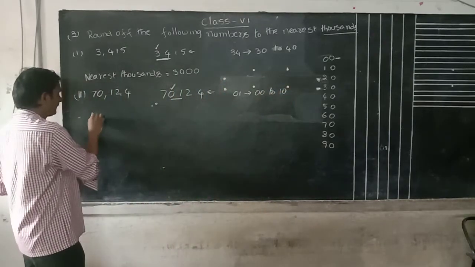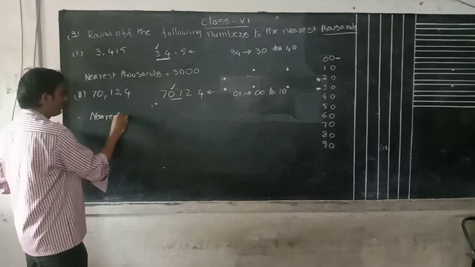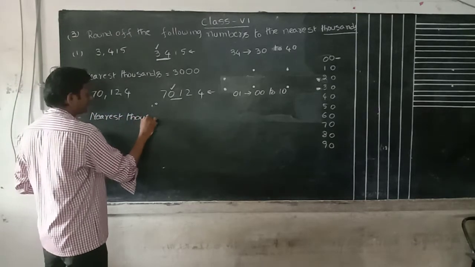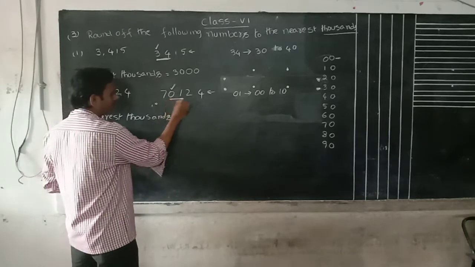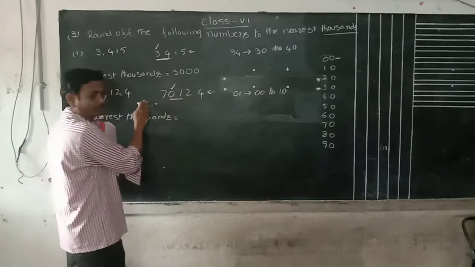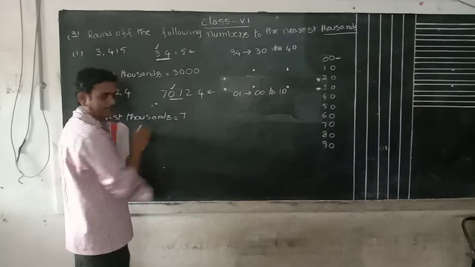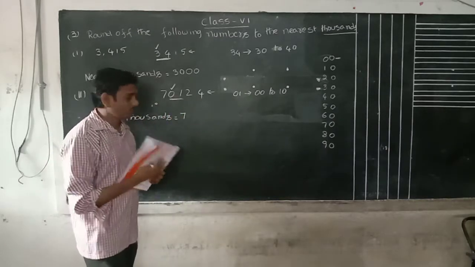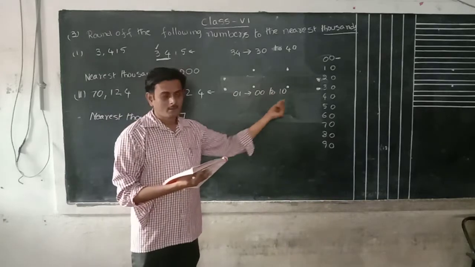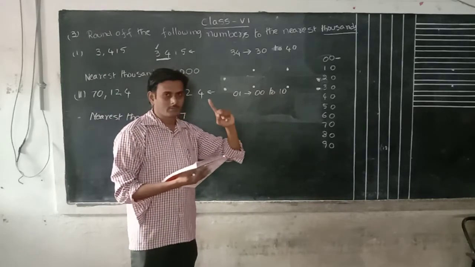Now nearest 1,000 is equal to... You write before 0, 1 which number is there? 7. 7 only, write. Is 0, 1 closer to 0, 0 or 10? To get 0, 1 we have to add only 1.